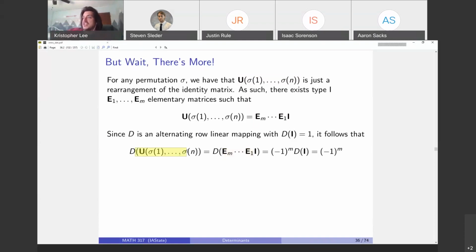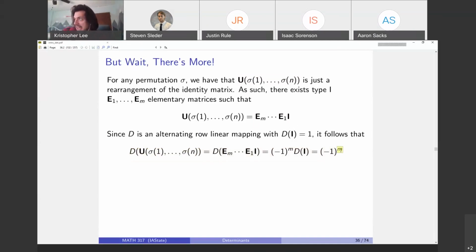So whatever this is equal to, it's just some power of negative 1. And in particular, here's the fun part: since this is a function, it only ever spits out one value.